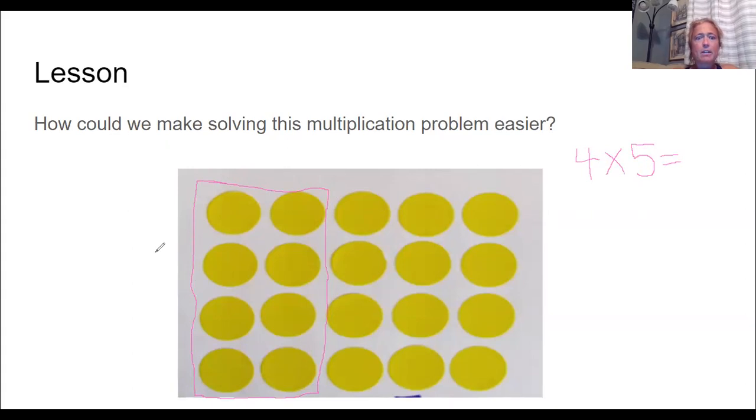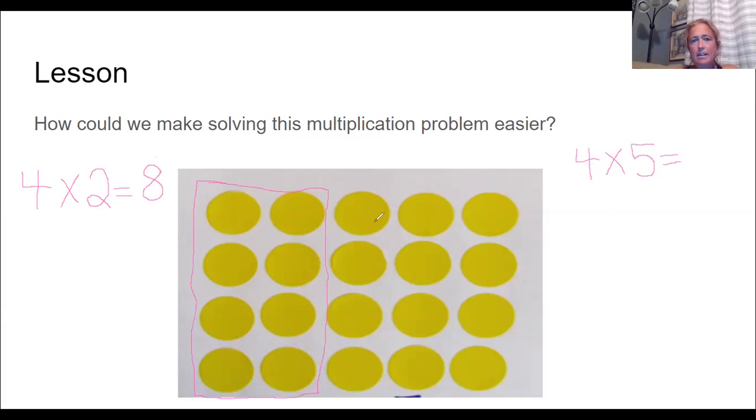And this would be 4 groups of 2, okay? 4 groups of 2. And that equals 1, 2, 3, 4, 5, 6, 7, 8. That equals 8.